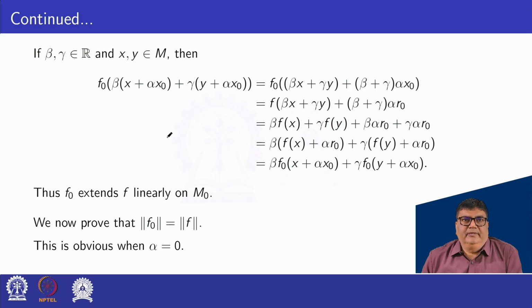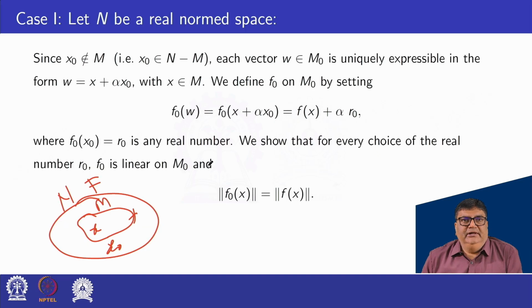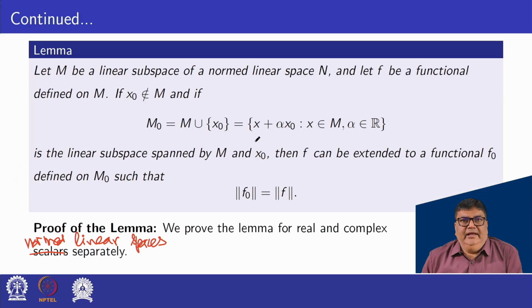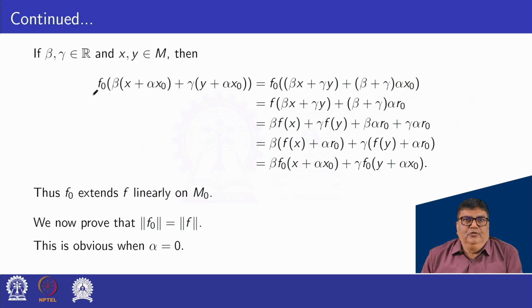Let us prove. Let beta, gamma belonging to R and x, y belonging to M, then f0 of beta times x plus alpha x0 plus gamma times y plus alpha x0. Because here vector x plus alpha x0 is in M0, so to prove linearity for M0, we have to take vectors in M0.